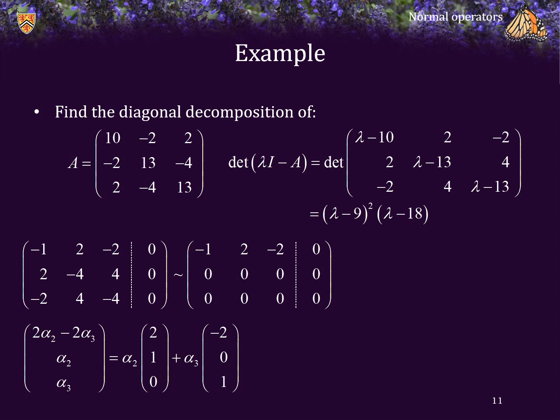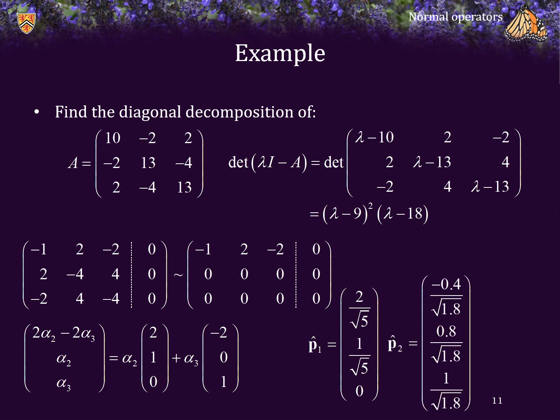Consequently, we can apply Gram-Schmidt in order to produce an orthonormal basis. Now, with a little bit of stress and pain, we can find that that is one normalized eigenvector, and this is the other orthogonal and normalized eigenvector.